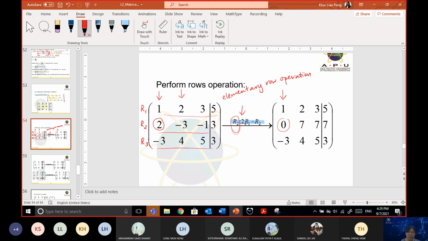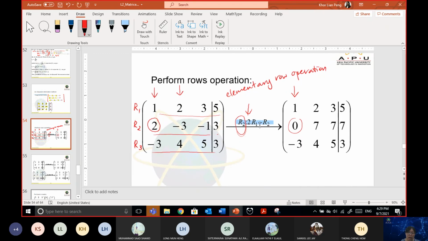Then, 2R1 minus R2. What does 2R1 minus R2 mean? You take the number 2, multiply it with R1, the first row, and then subtract the values in R2. This is the elementary row operation.